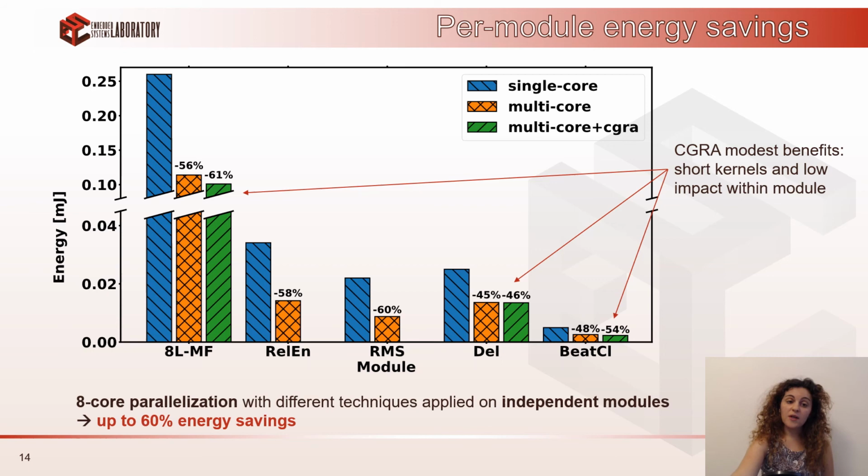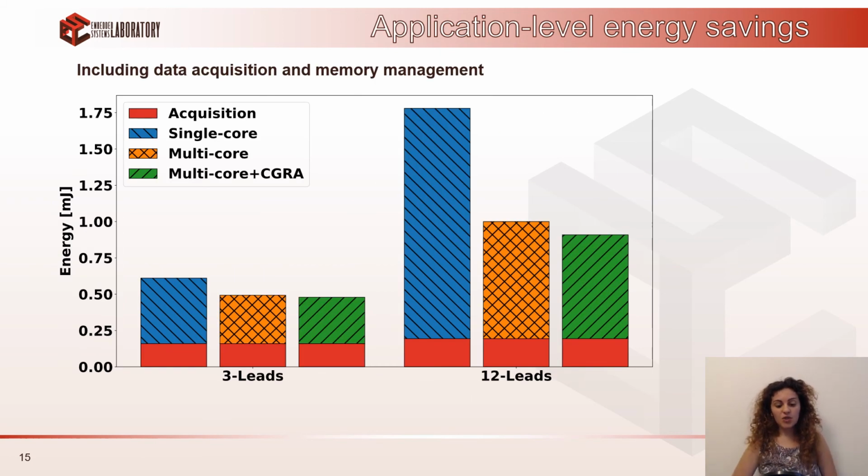But overall, the 8-core parallelization with the top-down approach presented and applied to independent modules can achieve up to 60% of energy savings. Then we show the application-level energy savings, which include also data acquisition and memory management for the 3-lead and the 12-lead applications.